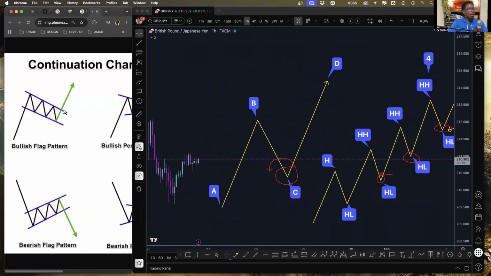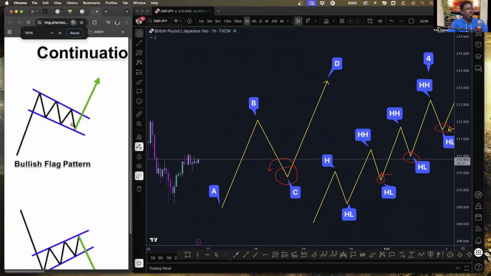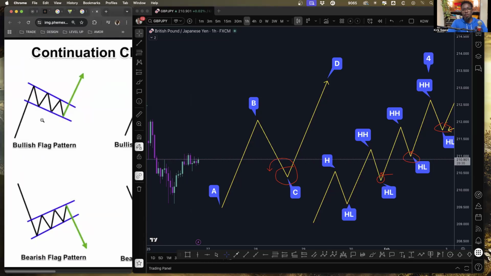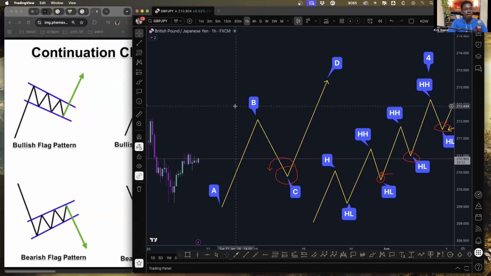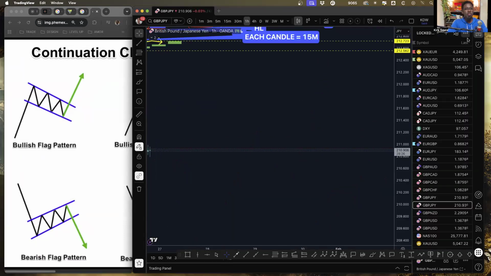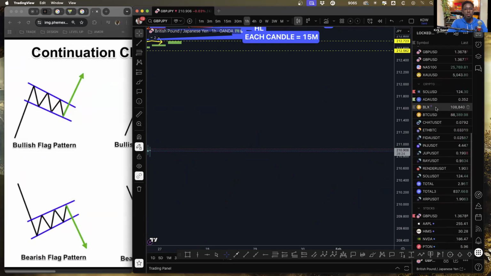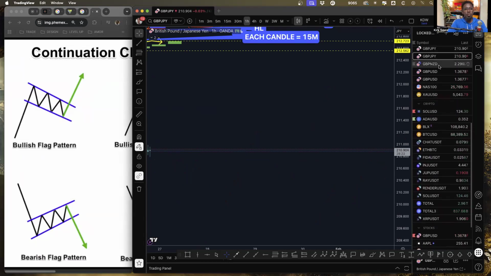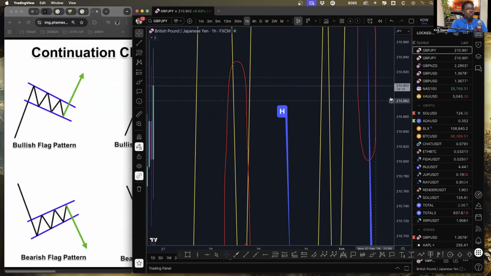We're gonna do one pattern at a time. Can you guys still clearly see the bullish flag pattern example on the left? Yes, perfecto. We're gonna take a look and see if we can find this pattern in the wild.